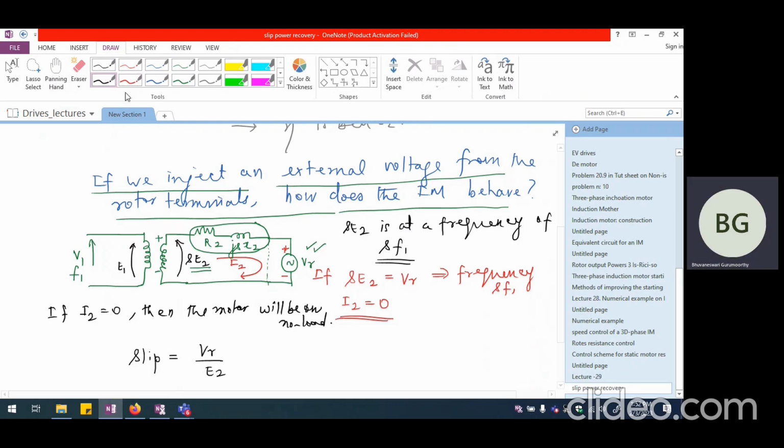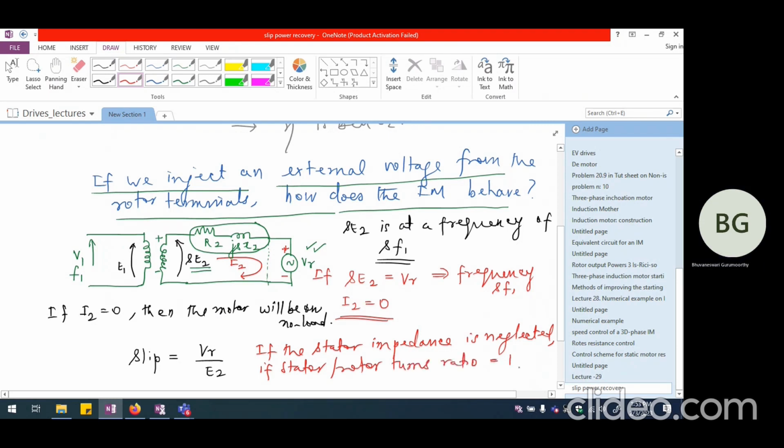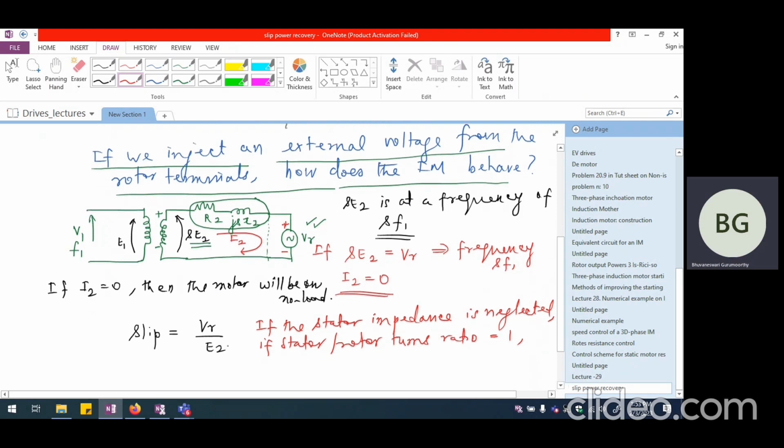So if the stator impedance is neglected, and if I assume that the stator to rotor turns ratio is equal to 1, then I should say V1 should be equal to E1.